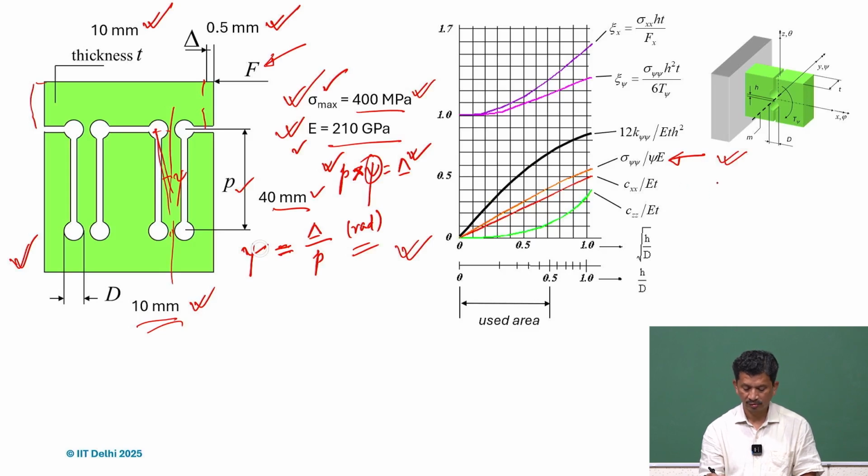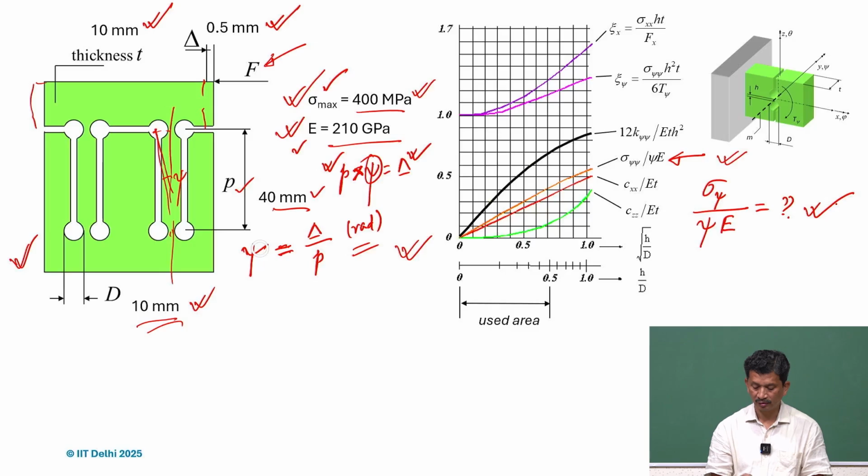So for sigma psi, I simply write 1, and then psi value is given, E, and then we can calculate and get the number. After putting all those numbers, we can find some number here, and suppose it's coming somewhere here.